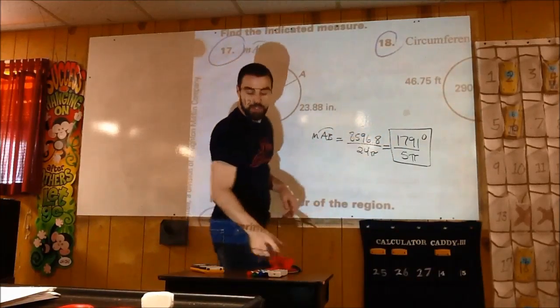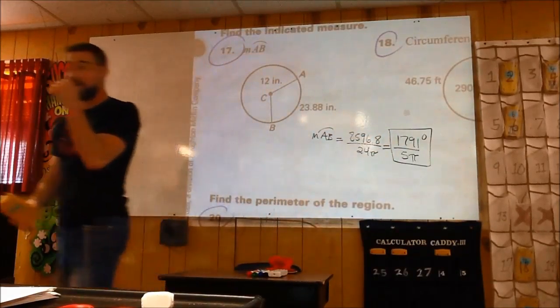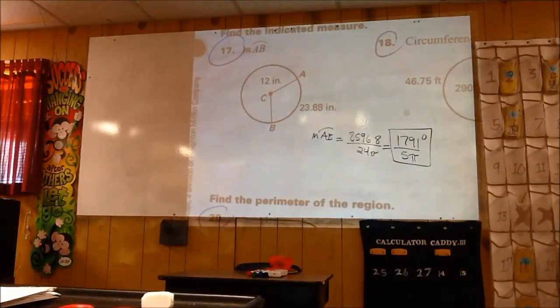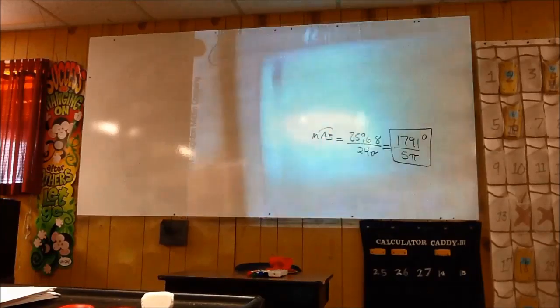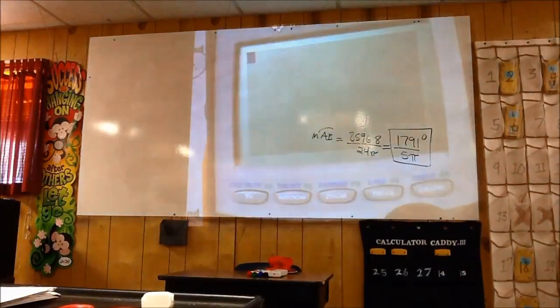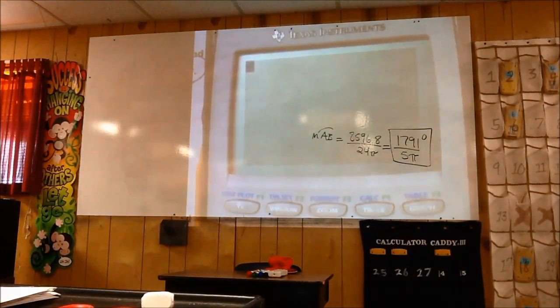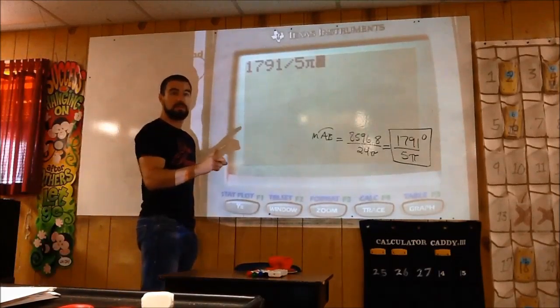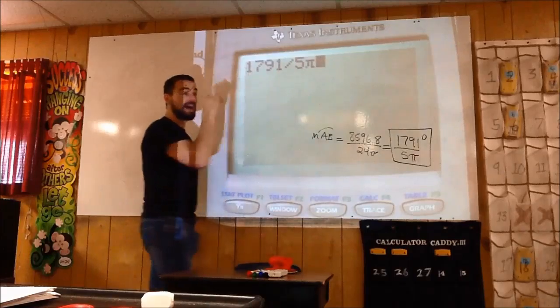Your calculator very strictly follows PEMDAS. And so it is going to do all the multiplication and division in order from left to right. So when you type in 1,791 divided by 5 pi, just like that, it doesn't know that this is one fraction and the denominator is 5 pi.